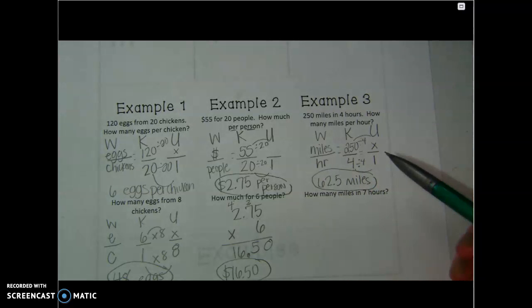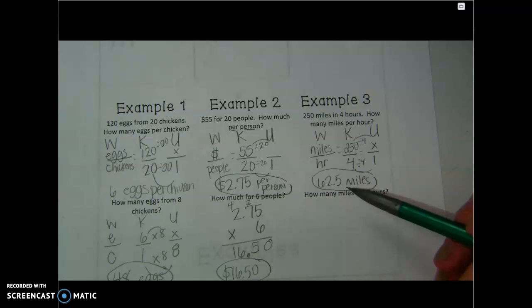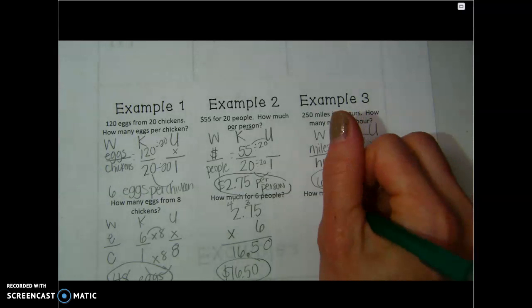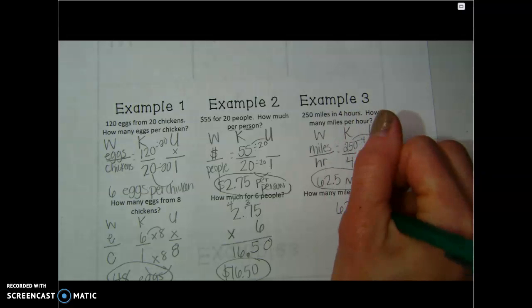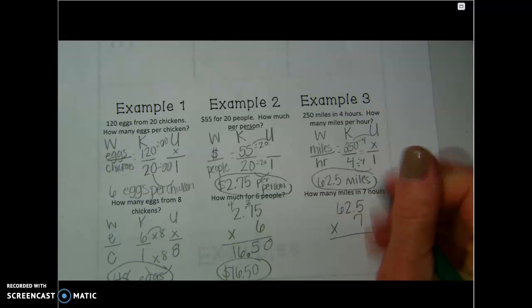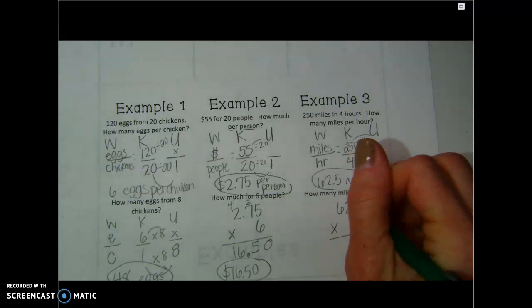Okay, so now that we know we're going to go 62.5 miles in 1 hour, how do we figure out how many we're going to go in 7 hours? Multiply it by what? 7. That's all we got to do. So 62.5 times 7. 7 times 5. Good.